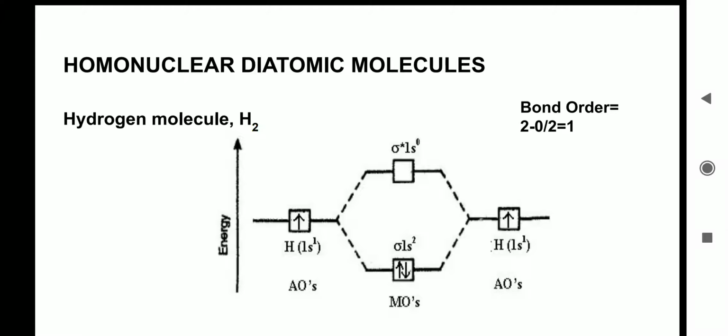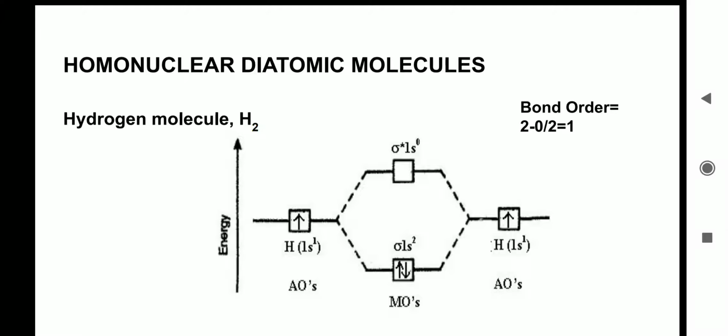The bond order of this molecule can be calculated by the formula (Nb minus Na) upon 2, where Nb stands for number of electrons in the bonding molecular orbital and Na for number of electrons in the antibonding molecular orbital. In this case, the bonding molecular orbital has 2 electrons and the antibonding molecular orbital has no electron. So the formula will be (2 minus 0) divided by 2, which comes out to be 1.